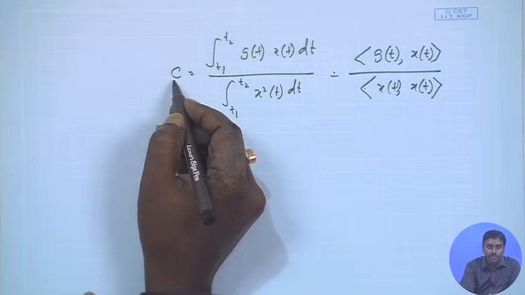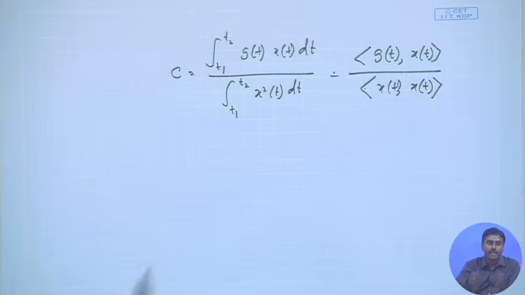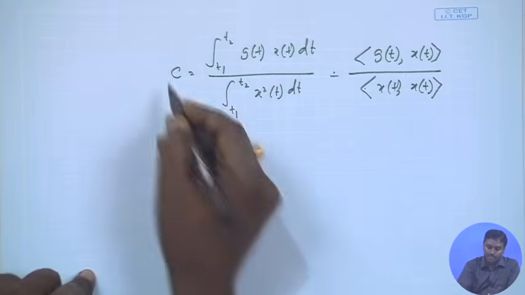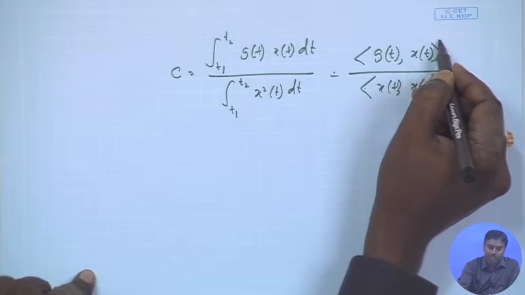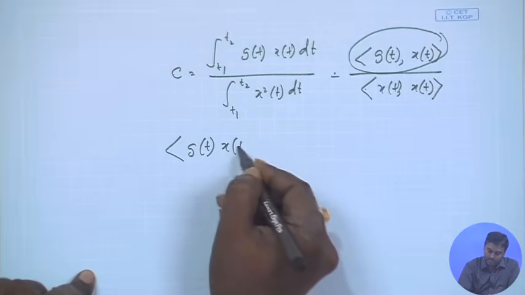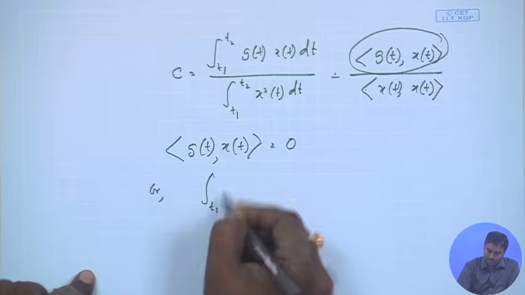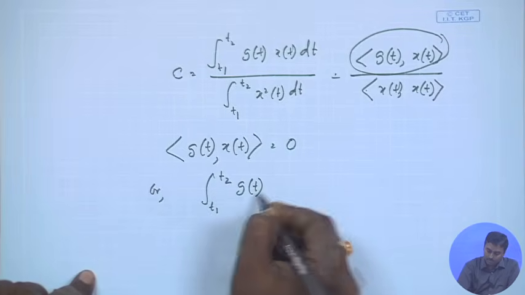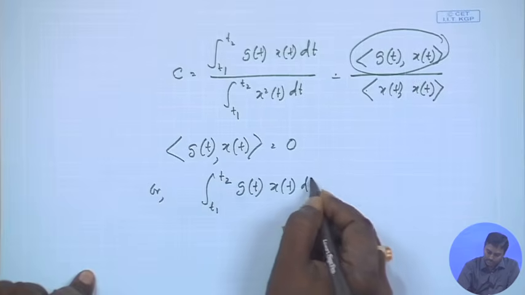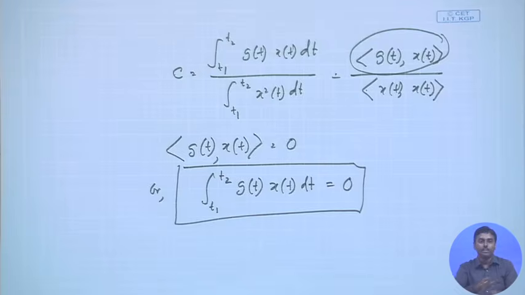So, if C has to be 0, that means g(t) cannot be represented by x(t), and g(t) and x(t) are orthogonal, then C must be 0. Immediately the condition comes that the numerator must be 0. So, therefore, the dot product of g(t) and x(t) must be 0, or we can write the integral of g(t) x(t) dt is equal to 0. So, that is the famous orthogonality condition for a signal, right.